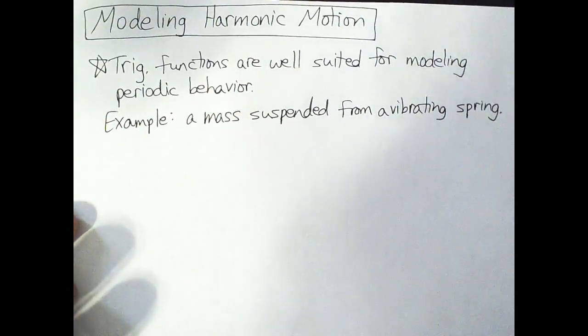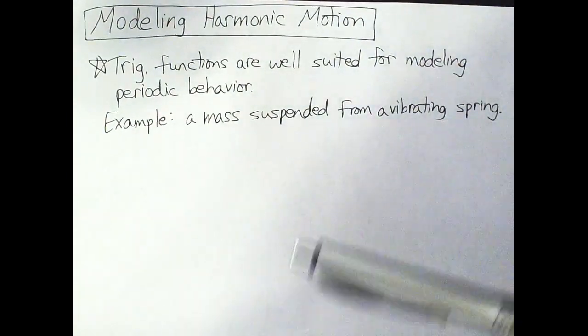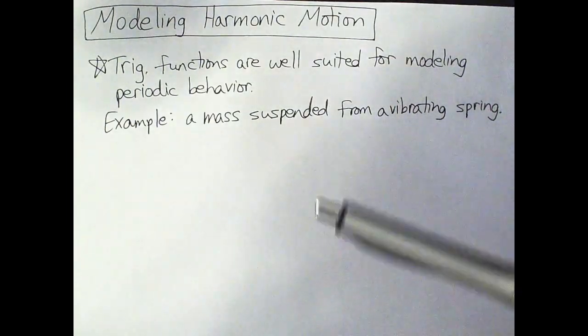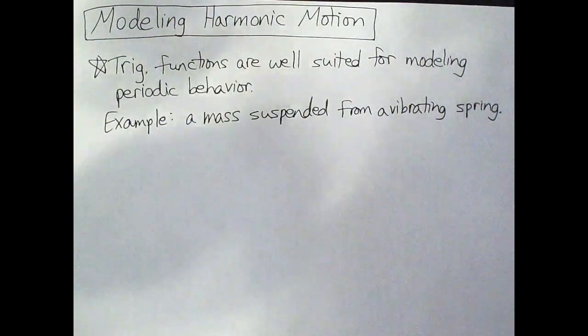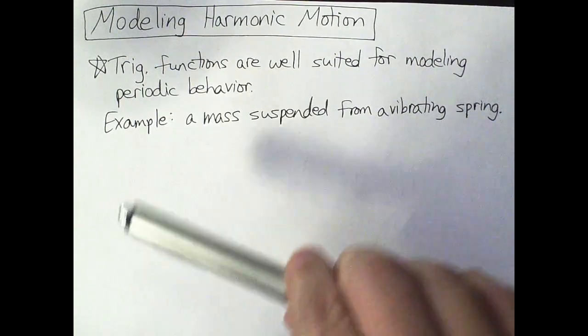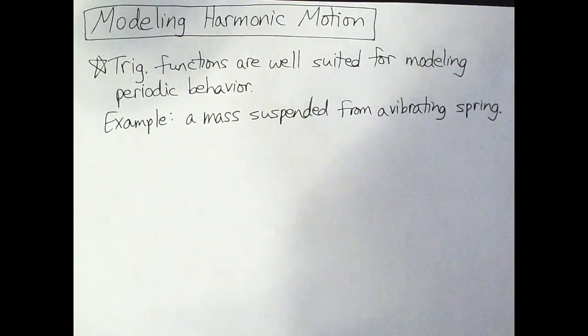So we're going to imagine a spring bouncing up and down, okay? And that's going to be periodic. It kind of goes up and down and up and down and up and down. And that's why trig functions are going to be useful for it, especially something like sine or cosine, because the graphs of sine and cosine go up and down.